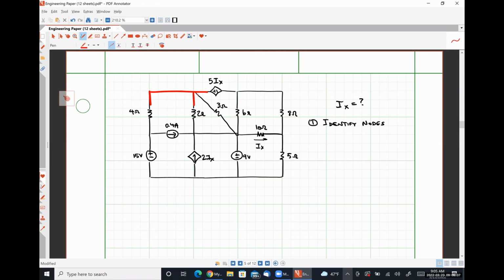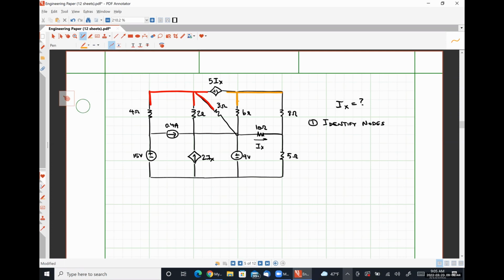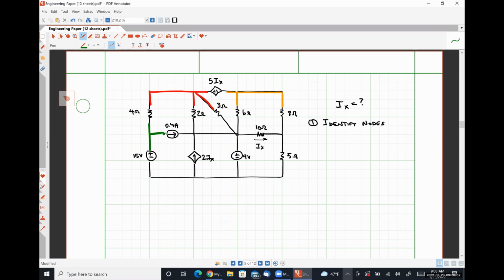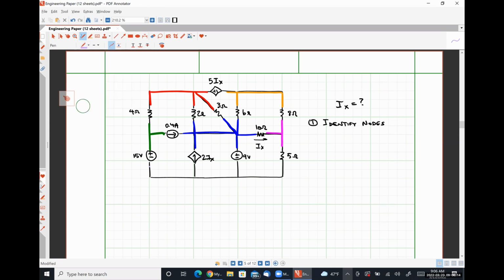So we have this top left node, this top right node, this left middle node, this center node, this middle right node, and this bottom node. So 1, 2, 3, 4, 5, 6 nodes.